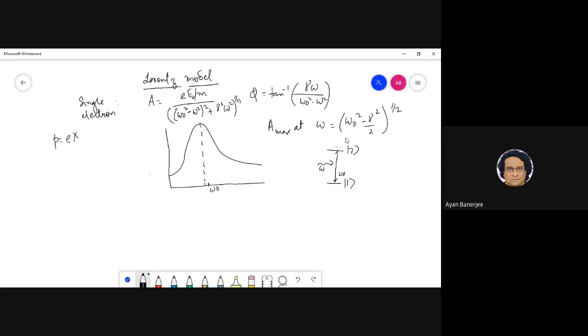So you can anticipate that damping will cause a lowering of the resonance frequency.